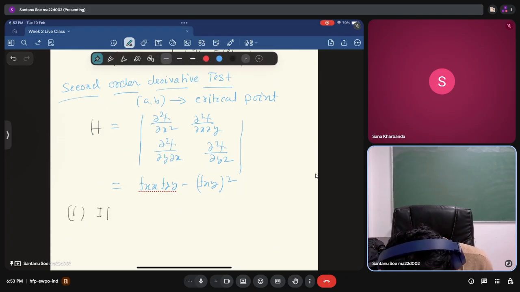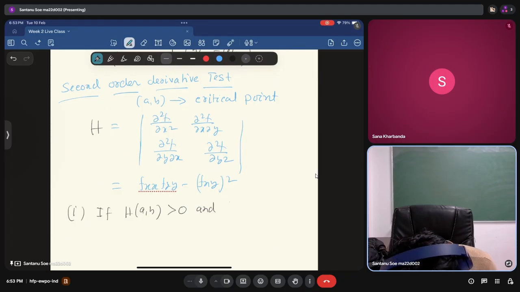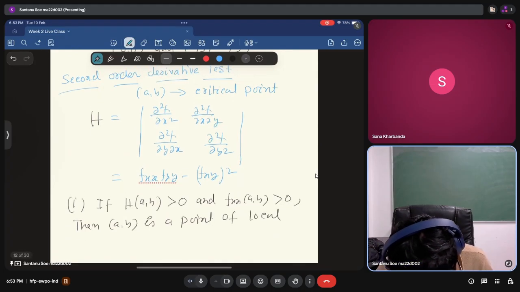So if h at (a, b) is greater than 0 and if fxx at (a, b) is greater than 0, then (a, b) is a point of local minima.